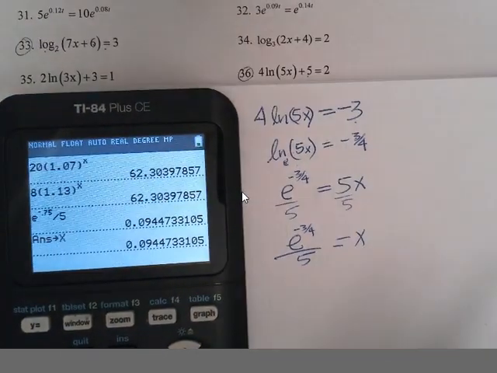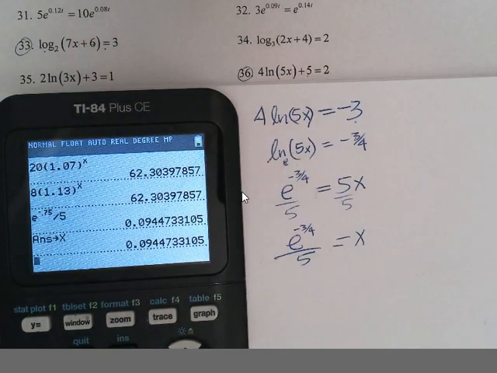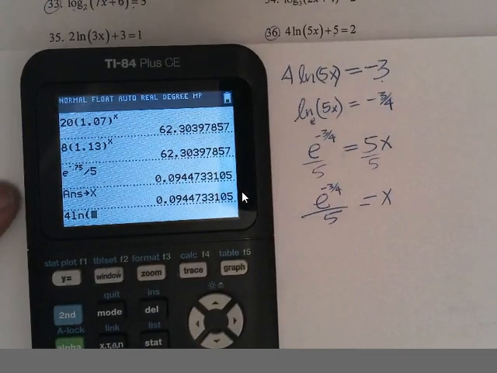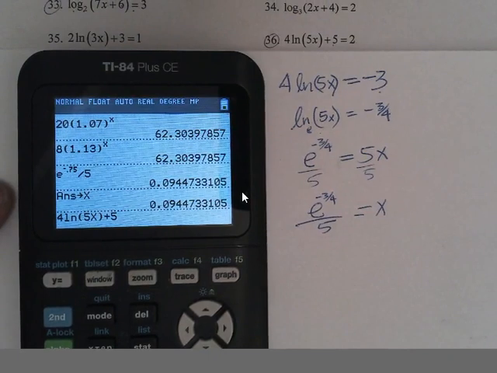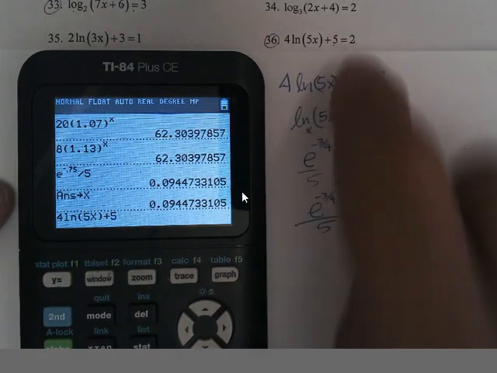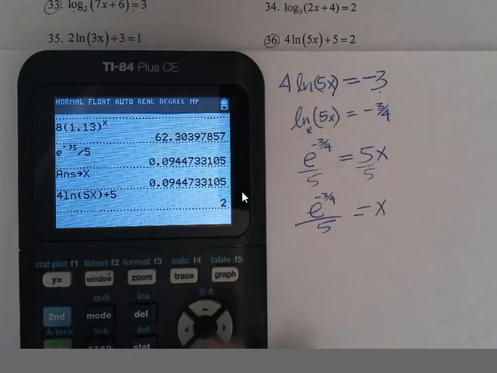And then I'm going to type this equation in and make sure I did this correctly. So it's 4 ln of 5x, close parenthesis, plus 5 is supposed to come out to equal 2. And it comes out to equal 2. So I've done it correctly.